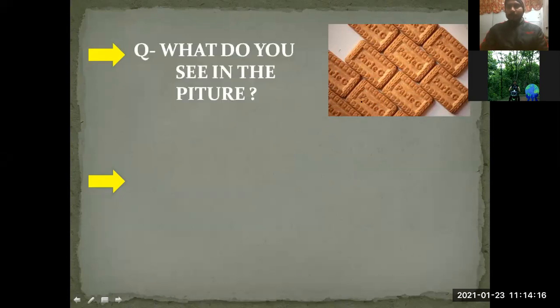What do you see in the picture? Pradeep? Very good, Samrat. ब्रिक्स दिखाई दे रही है सर पिक्चर में। हाँ हाँ प्रदीप। सर बिस्किट्स दिखाई दे रहे हैं पिक्चर में। Very good. Parle-G. These are the biscuits.